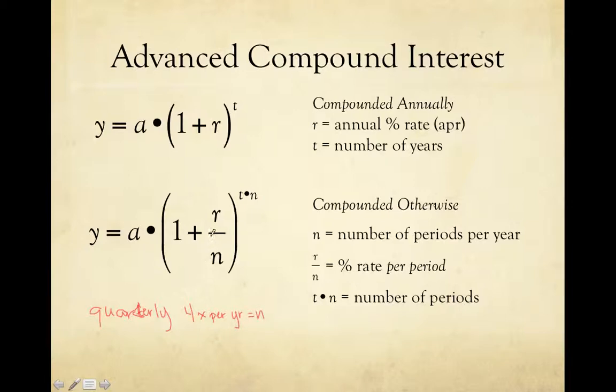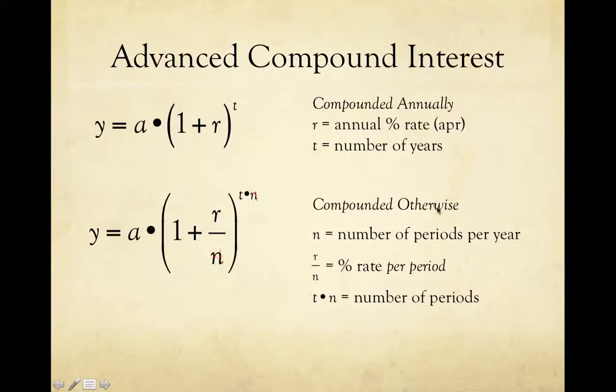Now, if I have a particular rate, which is an annual percentage rate, I now need to divide that by 4 to get the rate for each quarter. And then however many years I'm going to let the money sit, I now have to multiply that by 4 in order to tell how many total number of periods my money is going to compound.